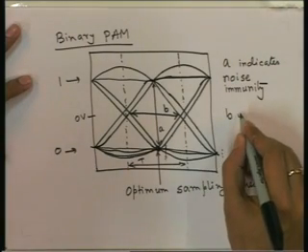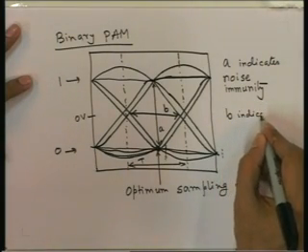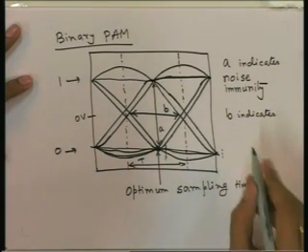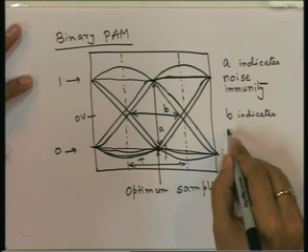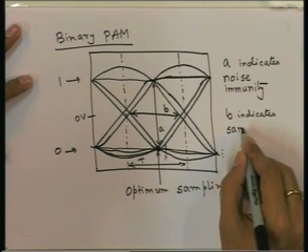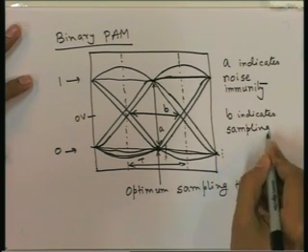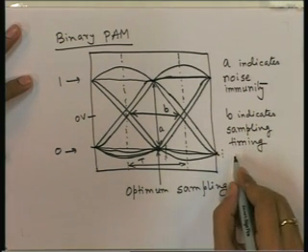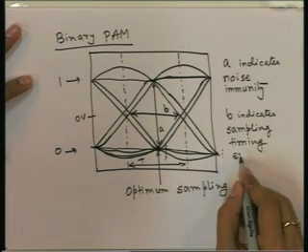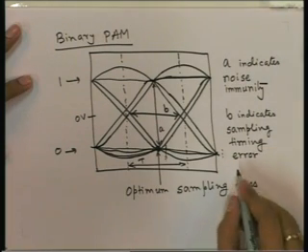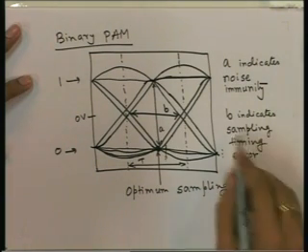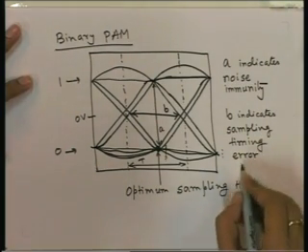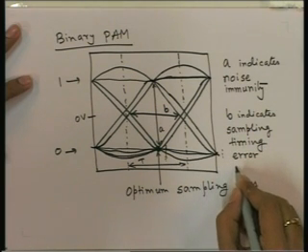So, B indicates sampling timing error, indicates immunity to sampling timing error, sampling timing error immunity.